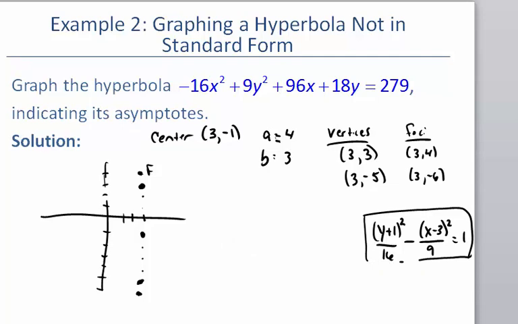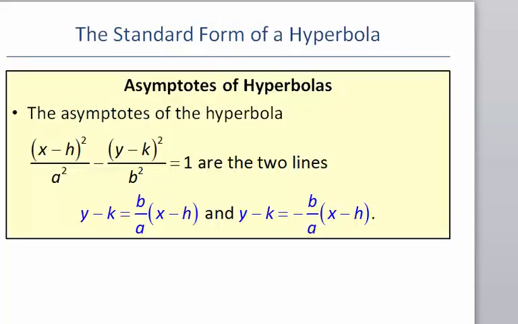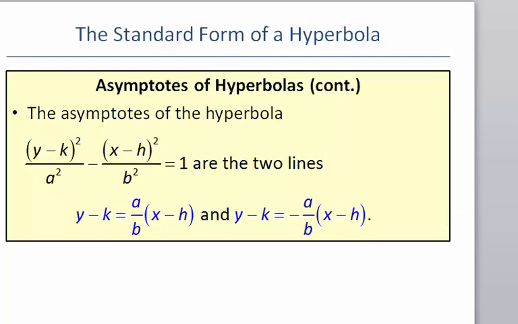Now, the next thing that we need to do is actually find our equation for our asymptotes. So I'm going to go back to my formula for the asymptotes. And we're going to use this one because our y comes first in our equation. And so our formula looks like y minus k is equal to a over b times x minus h, and then the negative version of that. Okay, so I'm going to go back to my problem and let's jot that down.